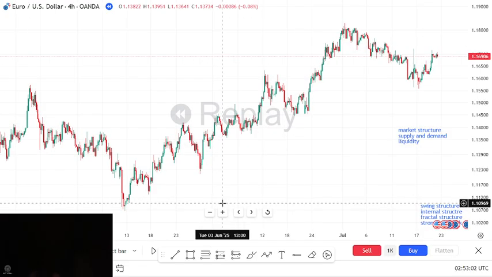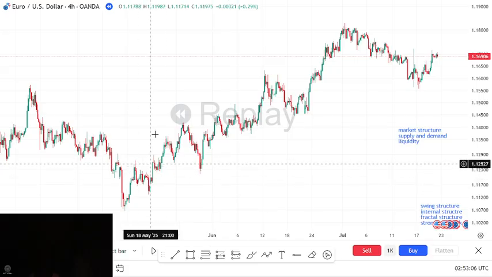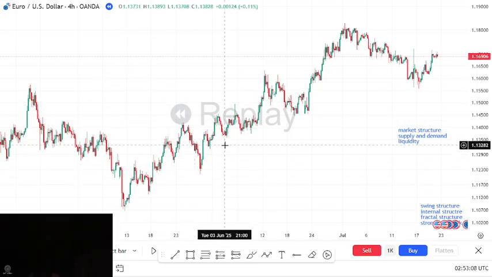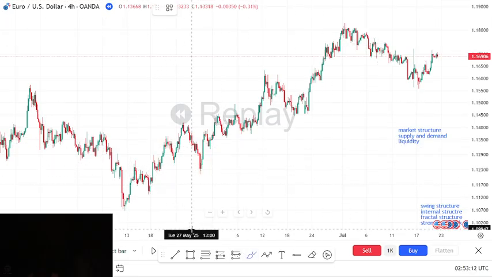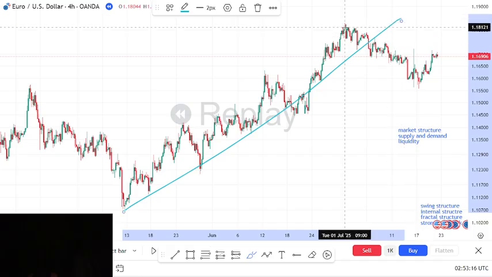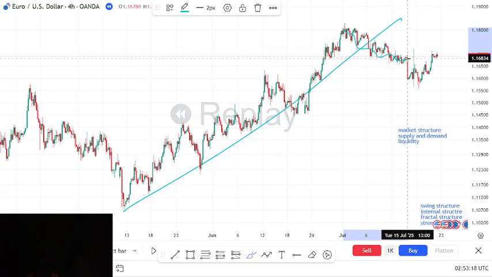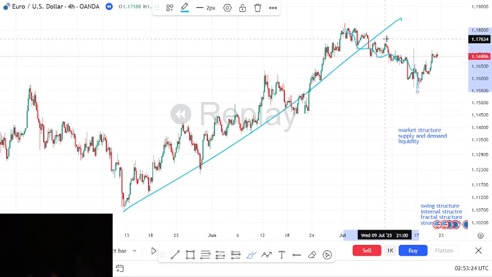Okay, so if you look at this piece of structure just like this, not zooming out, you can see that we have this long bullish move, we have this bullish run here, and then price is correcting. We are correcting part of this long bullish move that we've gotten.